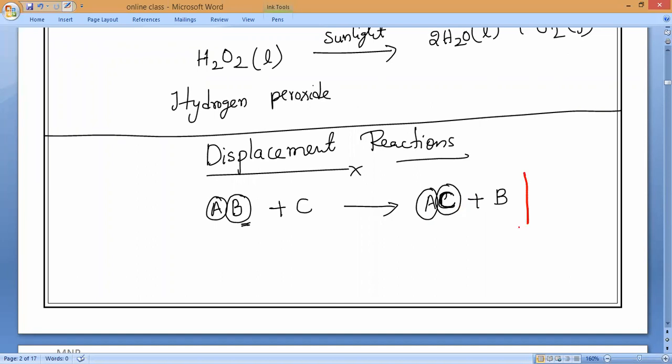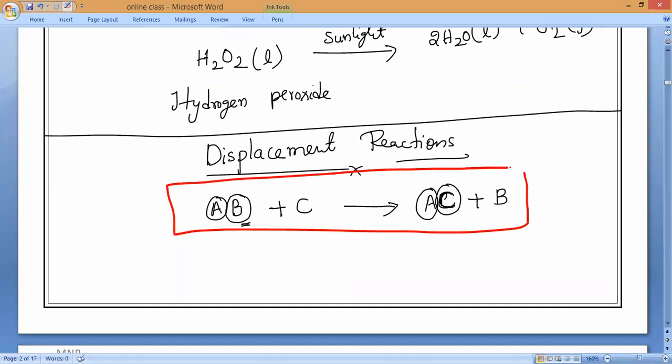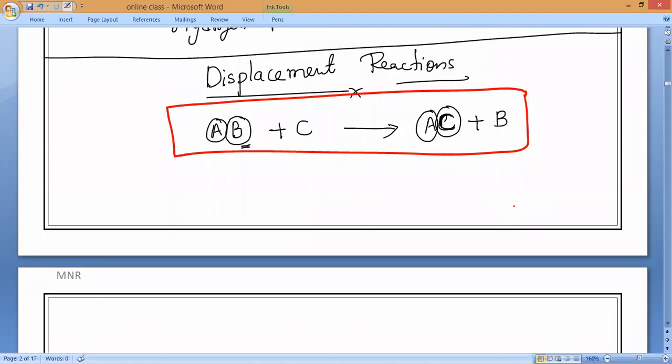That is what we call a displacement reaction. Mathematically, you can write AB reacts with C. If C has more capacity to replace B, then C will react with A, and B will be removed from A, so AC will form as the product and B will come out separately.